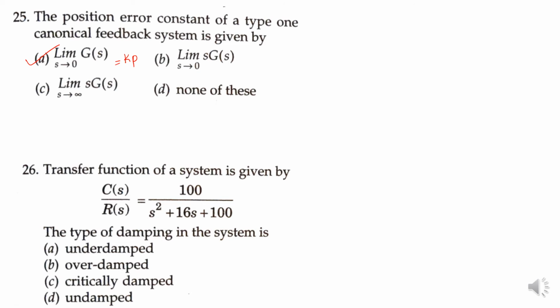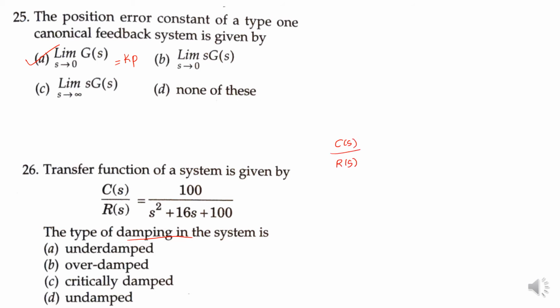Next, the transfer function of the system is given by 100 divided by S square plus 16S plus 100. First of all, here we are going to find out the damping in the system. For finding out damping, first we should know the general transfer function of a second order system.